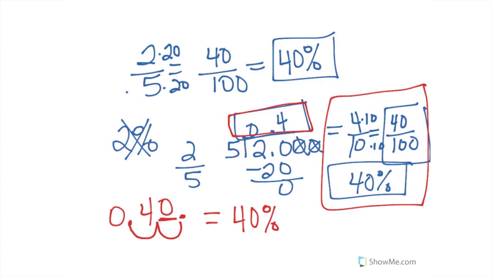I'm sure a lot of you would prefer to write an equivalent fraction out of 100. But again, it's not always going to be easy. Look at this one. I have 1/8. A percent is out of 100. From 8 to 100, it's going to be hard for me to multiply a number times 8 to get 100.